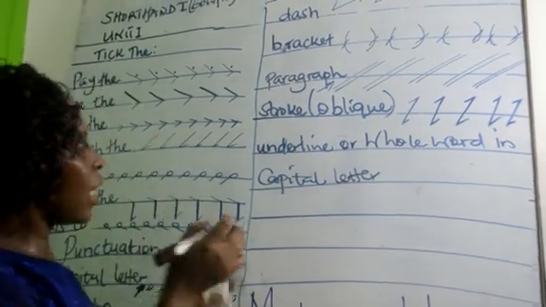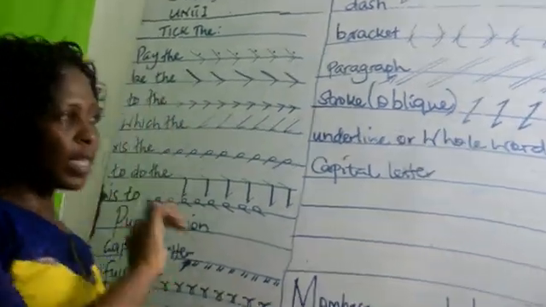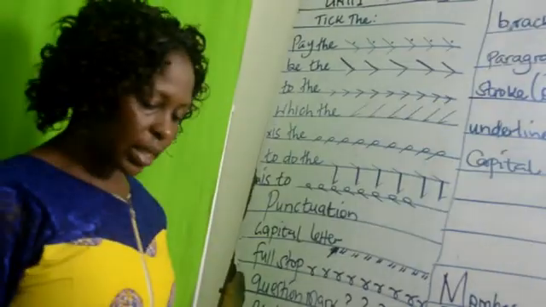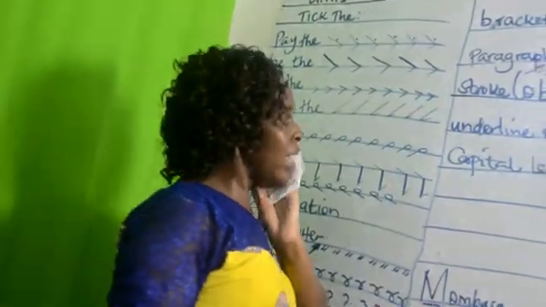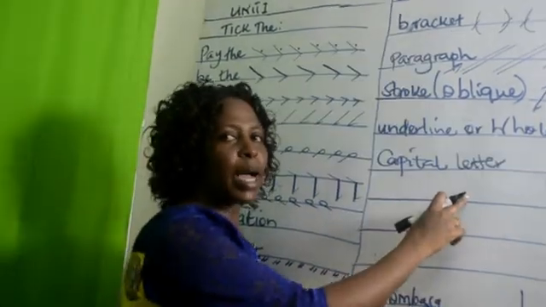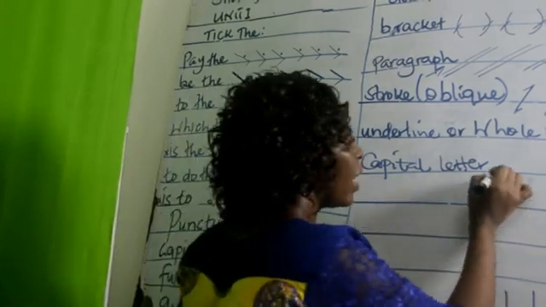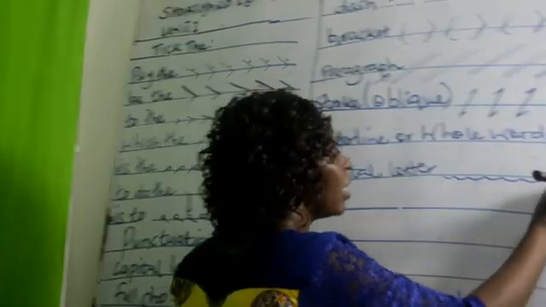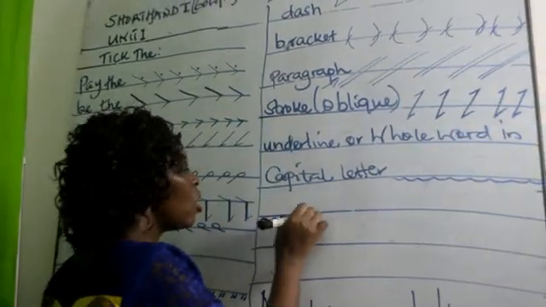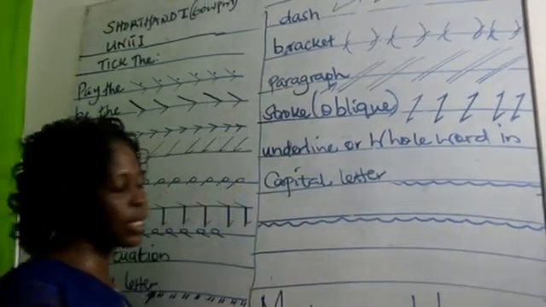Then to show that a whole sentence or a title of a passage is underlined, or should be written in capital letters and then underlined, you show this using a wavy line below the line, below the words that you have drilled using shorthand drills.